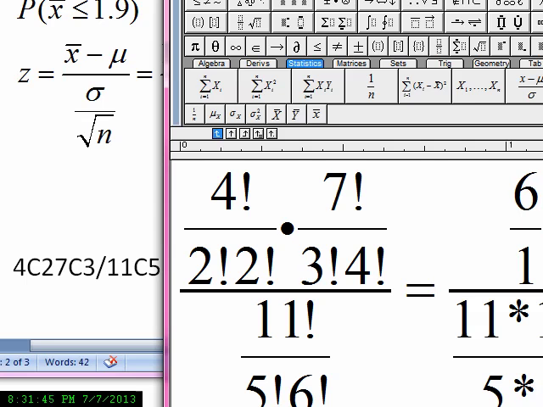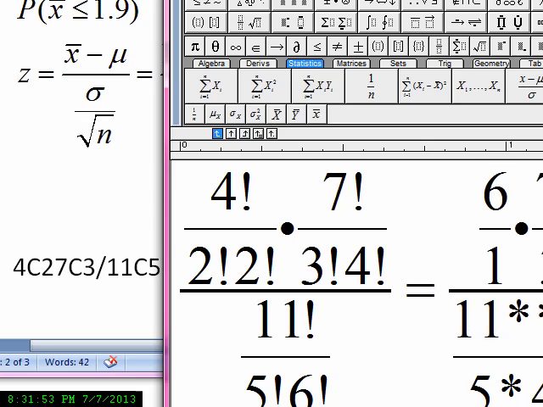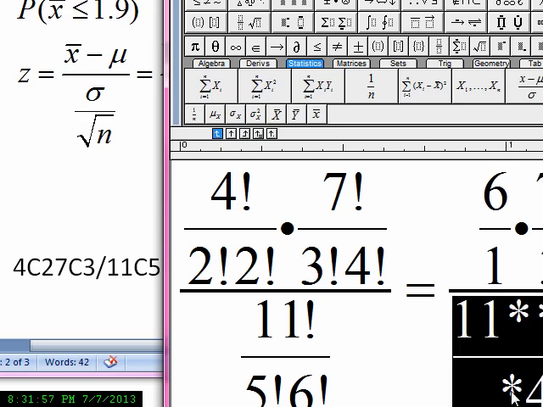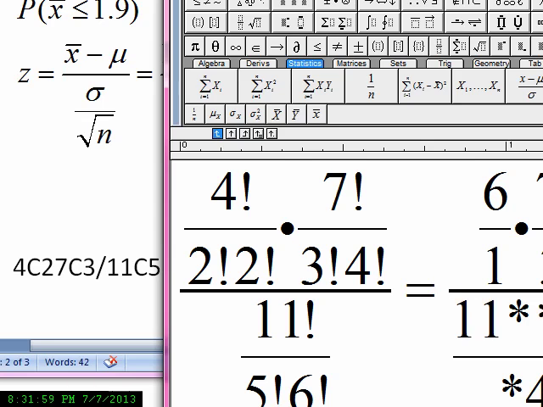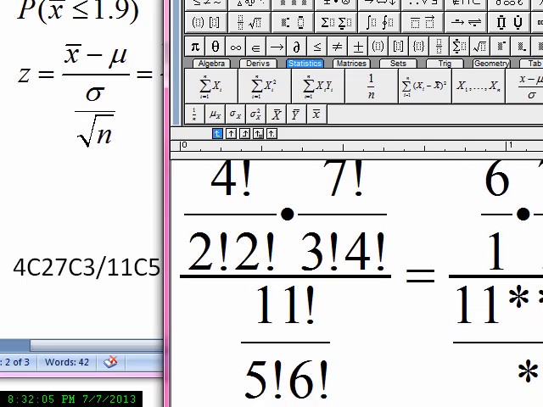So the 5 and the 2 can cancel with the 10. I'm going to erase that so I can keep track of what I erased. The 4 will go into 8 2 times, so I'm going to change that 8 to a 2. And 3 will go into 9 3 times, and that'll become a 3.